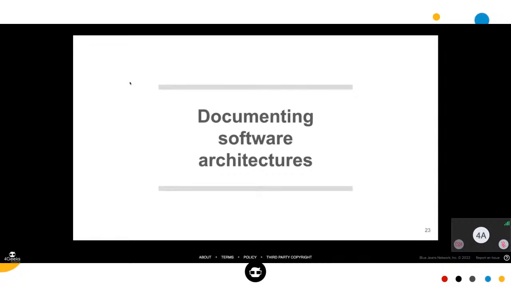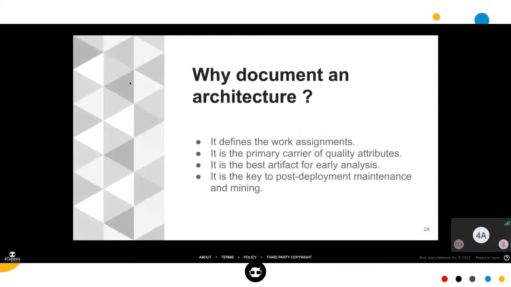Okay. So now we are going to talk about two important techniques. We say that is document software architecture and evaluate software architecture. Why is it important? Well, documentation is always important, right?